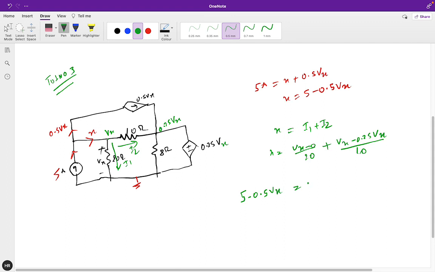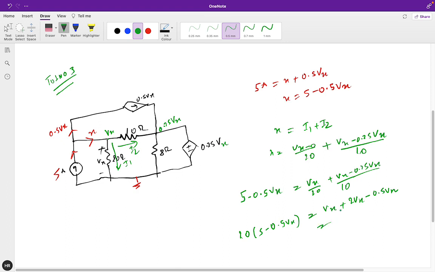So you will get Vx by 20 plus Vx by 10 minus 0.25 v of x equals 5 minus 0.5 v of x. Multiplying by 20, we get v of x plus 2 v of x minus 0.5 v of x.